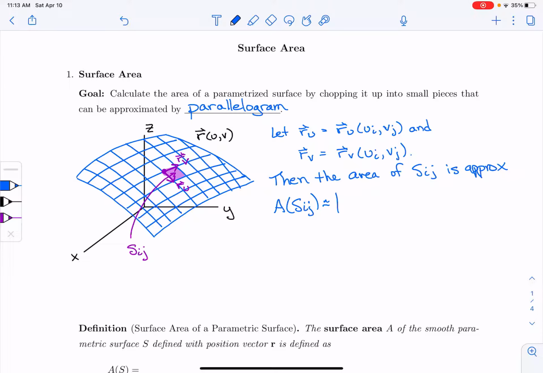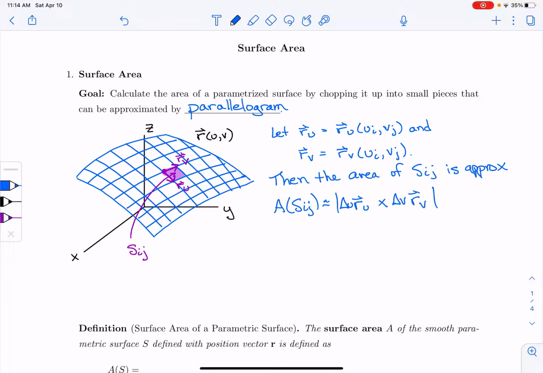But the area formed by those two vectors is the magnitude of the cross product of those two vectors. So it's going to be approximately r sub u cross r sub v. But those vectors need to be scaled so they're the right size. So I'm going to scale r sub u by delta u and r sub v by delta v.